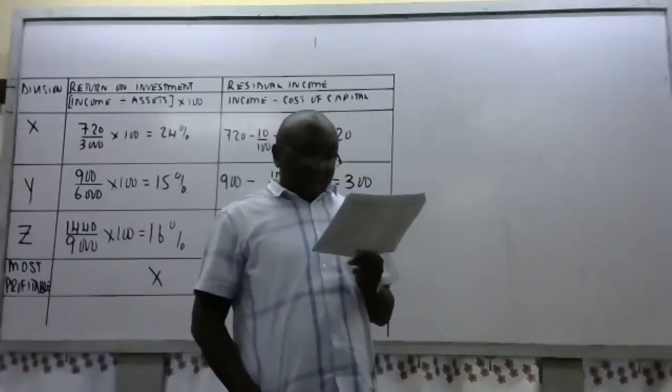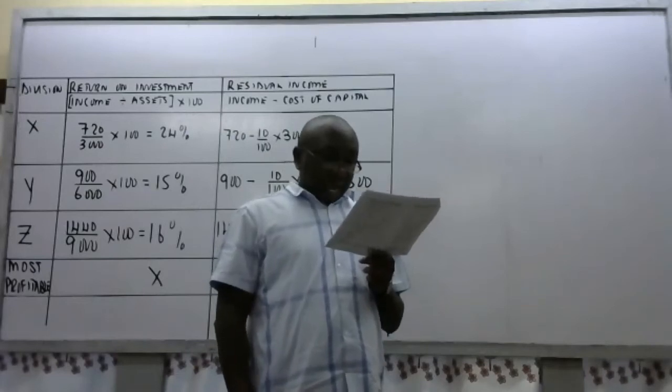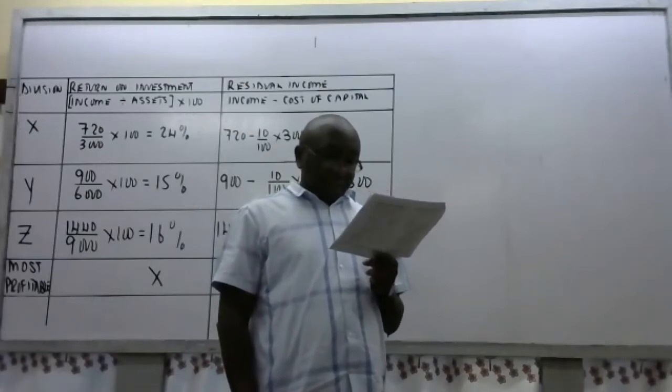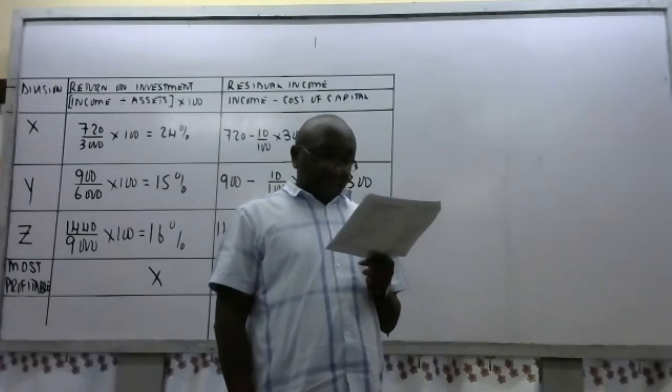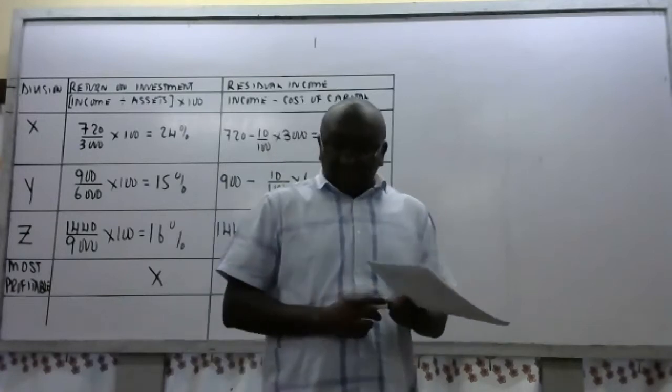Assuming there is an asset available to division X, which cost 300 and has an annual profit of 60, advise the manager of division X on whether to undertake the project, commenting on whether this is in line with the overall objective of the organization.